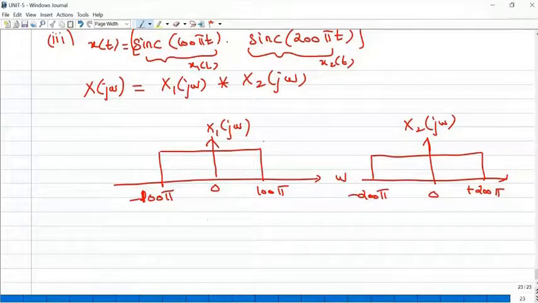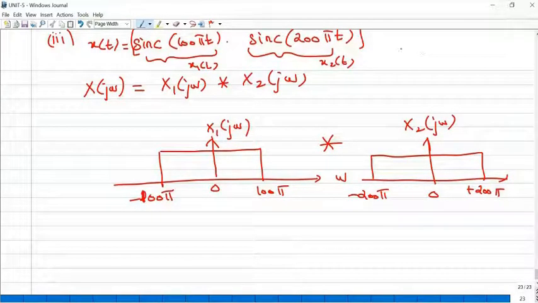Now we have to perform convolution between these two, x1 of j omega and x2 of j omega, like unit 2. Okay, convolution between these two rectangular pulses. That is our x of j omega. Graphically, we have to perform the convolution, using x1 of tau, x2 of minus tau.